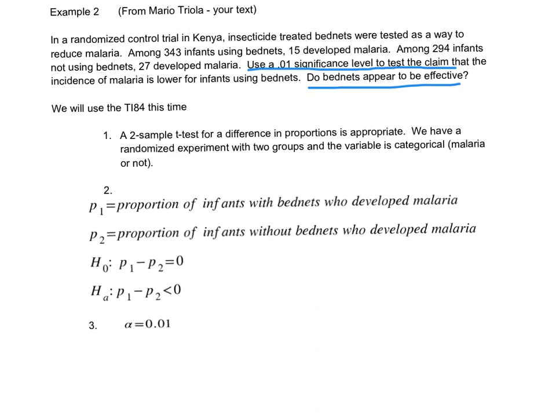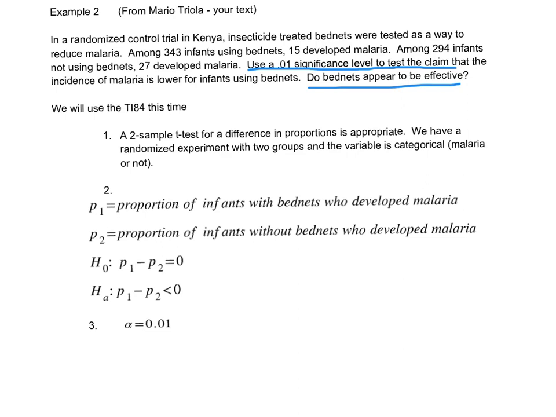So if P1 is bed nets and P2 is no bed nets, if we subtract bed nets minus no bed nets, we're hoping that's going to be a negative number, because there'd be fewer infants who develop malaria if they used bed nets than if they didn't.